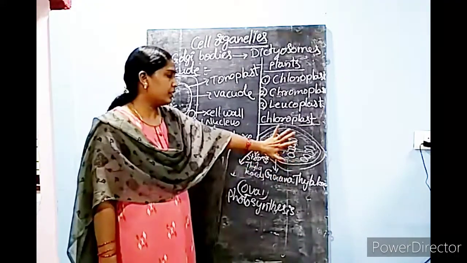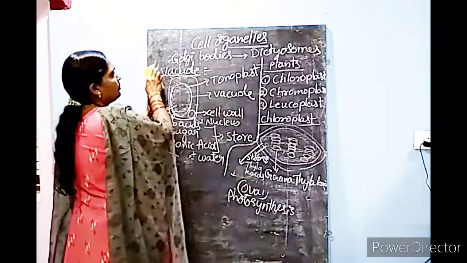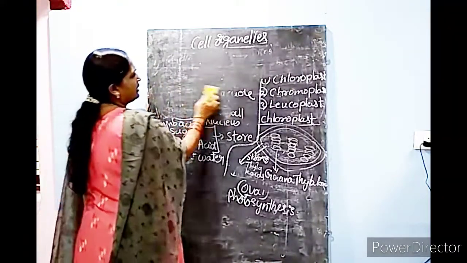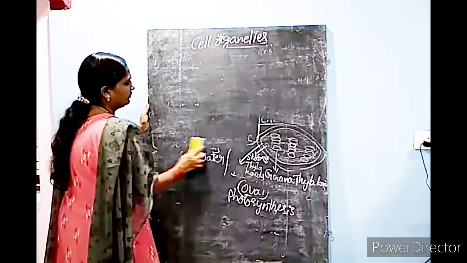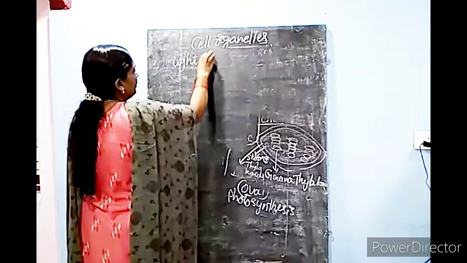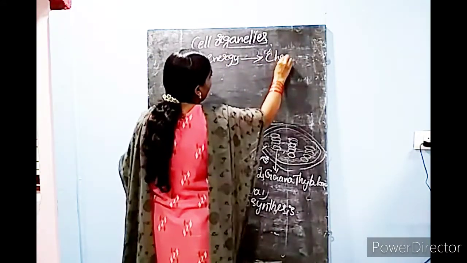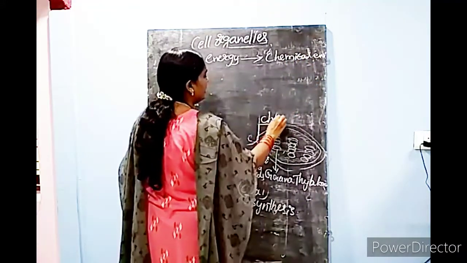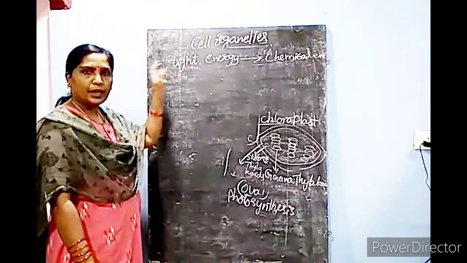Now you understand that the chloroplast is helping to convert light energy into chemical energy. Who is converting like that? Our chloroplast is helping to convert light energy into chemical energy.